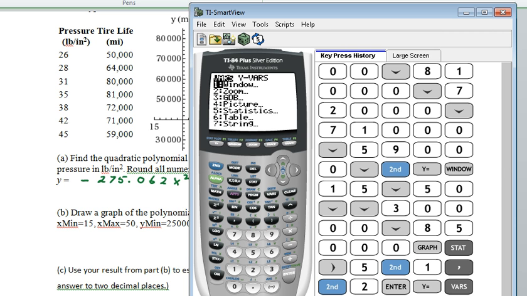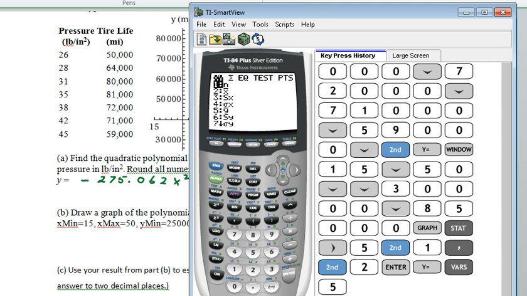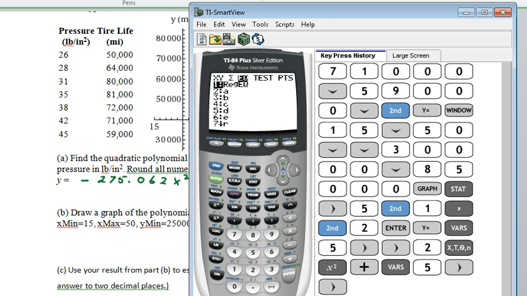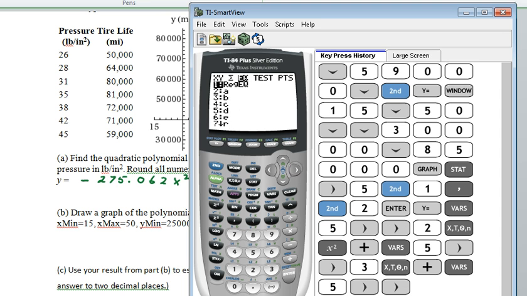So we press var, 5 for statistics, 2 to the right to the equation, 2 for a, and then a appears, and then we go to our x and squared, plus var 5, 2 right arrows for EQ for equation, 3 for B, X, plus C. So var 5, 2 right arrows, and C is 4.